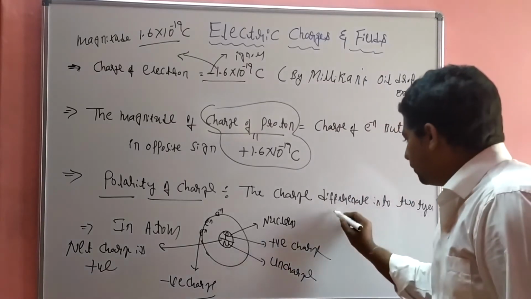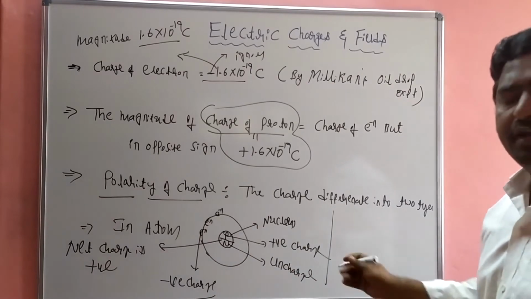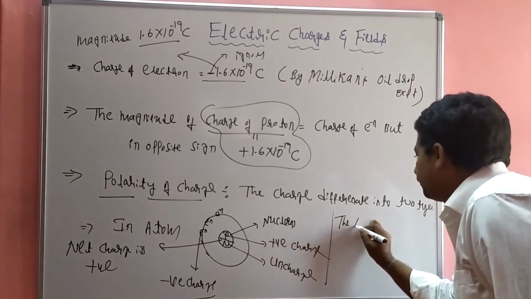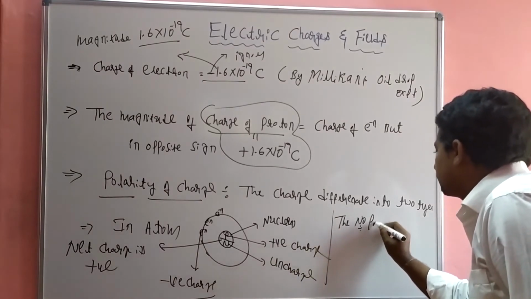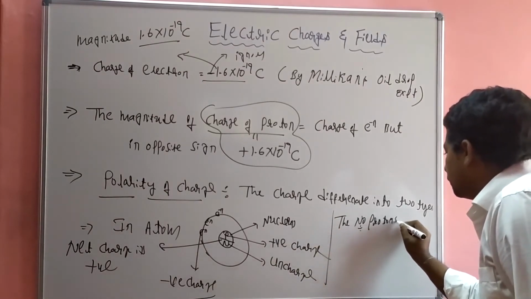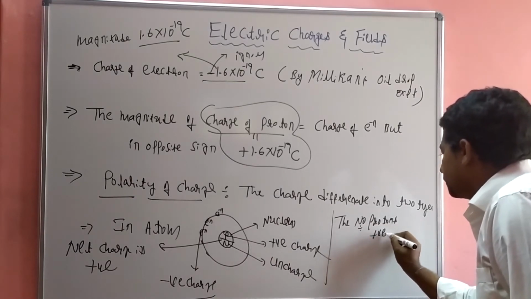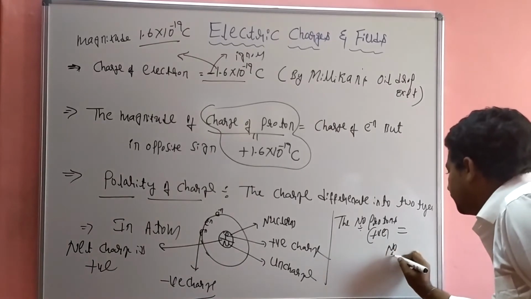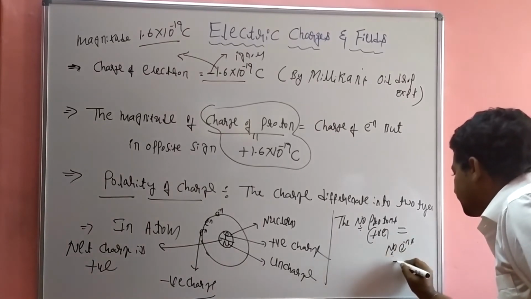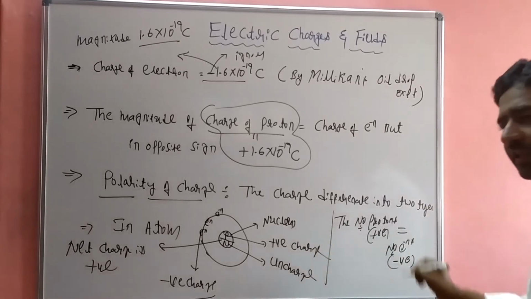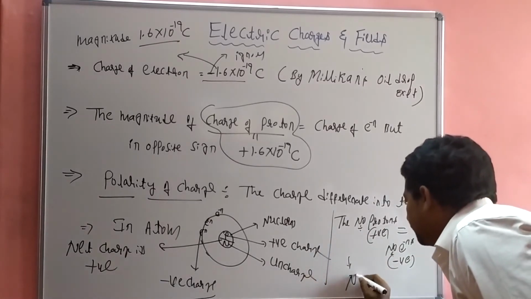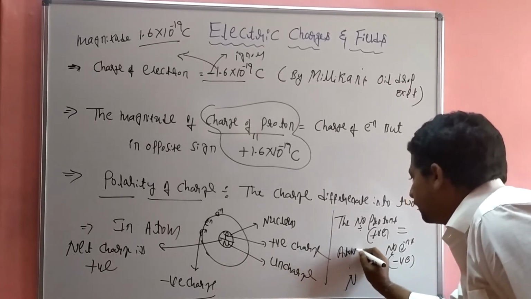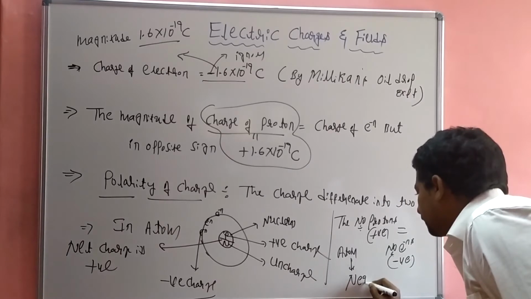Neutral means the number of protons is equal to the number of electrons, that means positive charge is equal to negative charge. So the atom is said to be neutral.